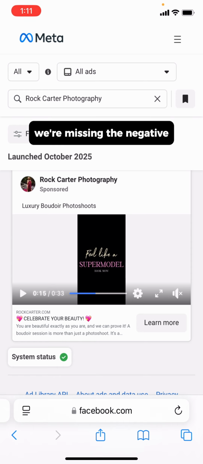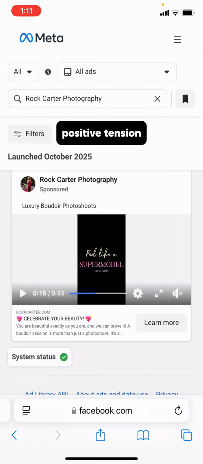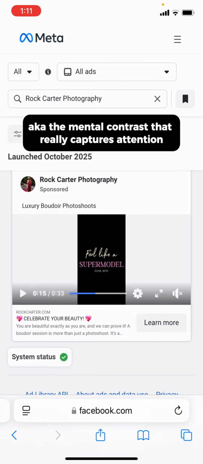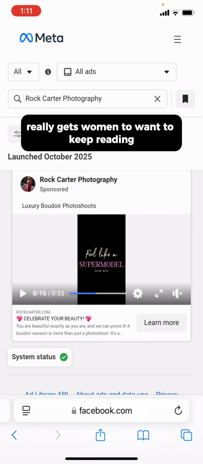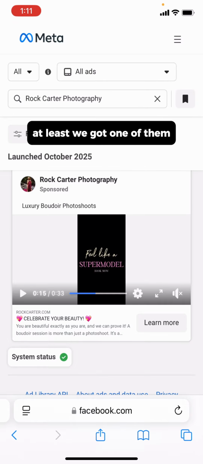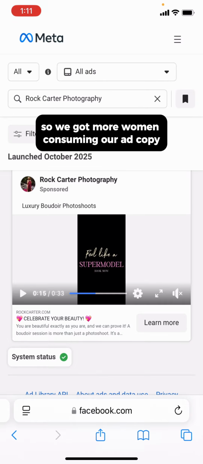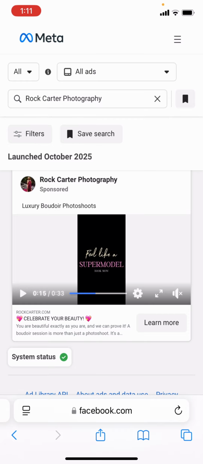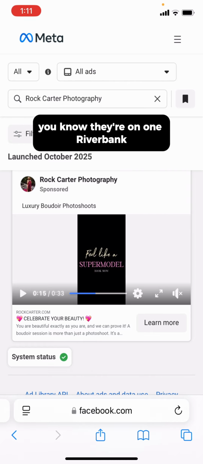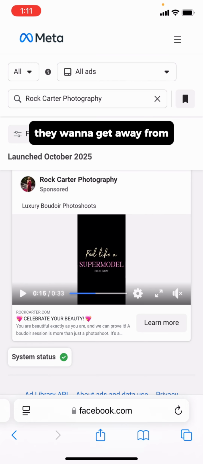Now, because we're missing the negative, we're missing the negative-positive tension, aka the mental contrast that really captures attention, really gets women to want to keep reading. But at least we got one of them. We got the positive, so we got more women consuming our ad copy. Negative is basically like they're on one side of the river with this negative thing happening they want to get away from.